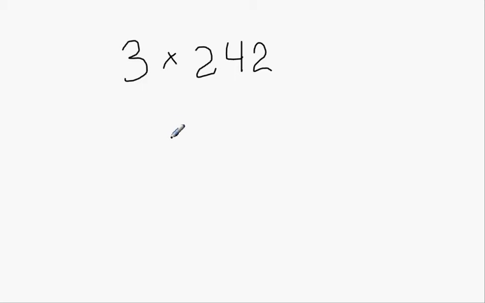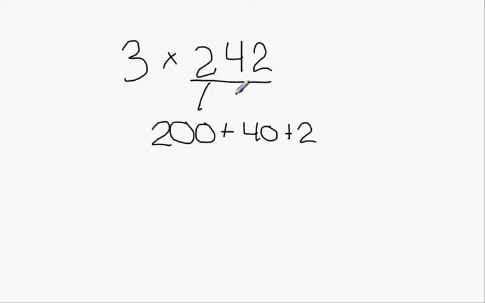The 242 we can expand out to 200 plus 40 plus 2. So all we've done is the expanded form of 200, then 40, then 2. So each digit is isolated, all by itself, and it's explaining how much that value is worth of each of those digits.